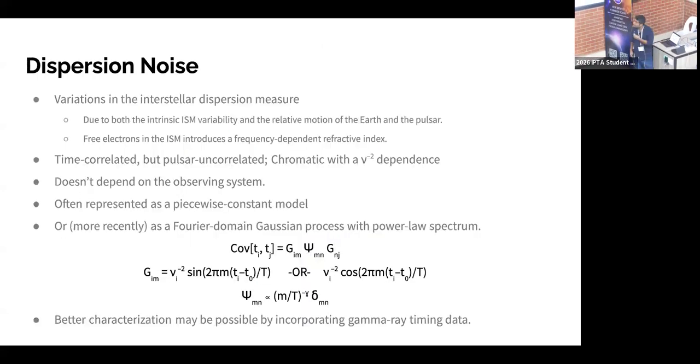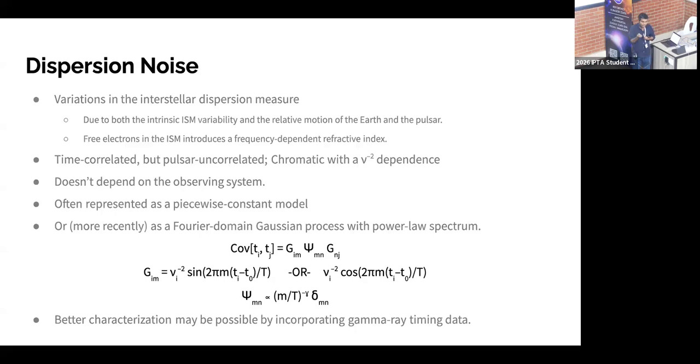Now, the next thing is dispersion noise. These things happen due to variations in the interstellar dispersion measure, which is due to two things. One, the ISM itself is a dynamical entity, so it keeps changing with time slowly. The second thing is that both the Earth and the pulsar are moving with respect to each other, due to solar system motion, binary motion, and also due to proper motion as well as galactic motion, and so on.